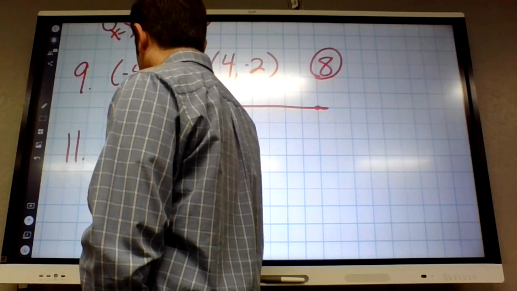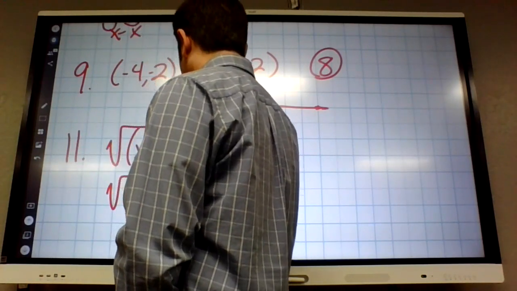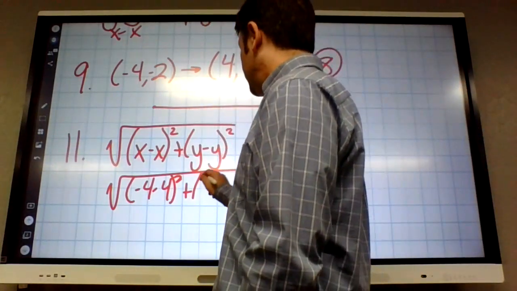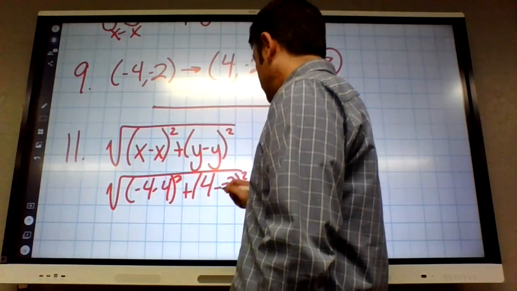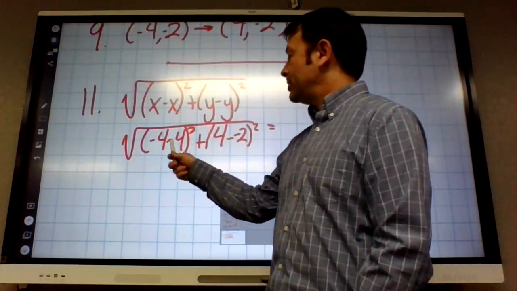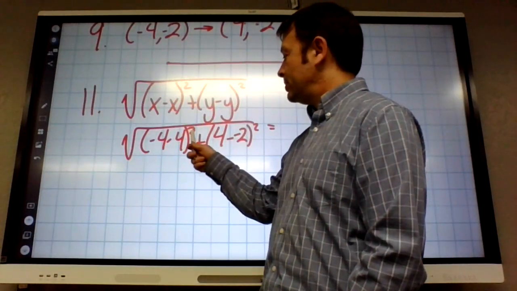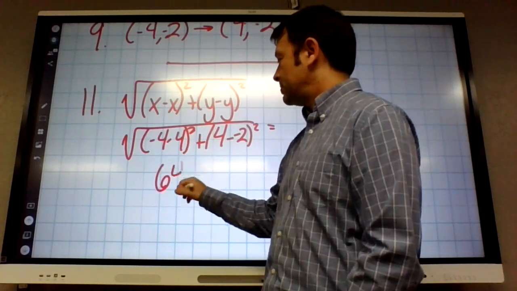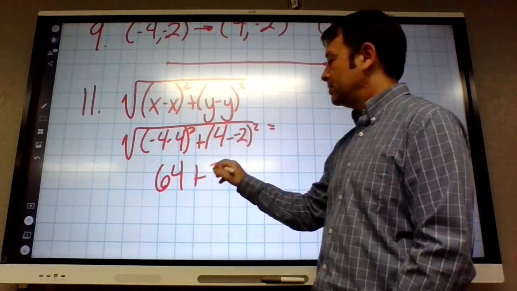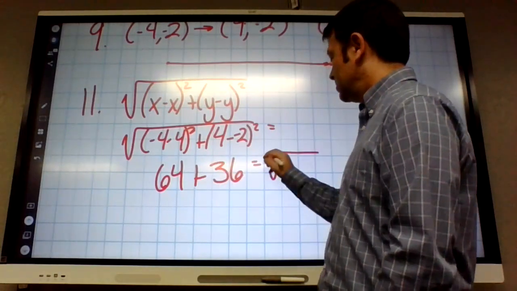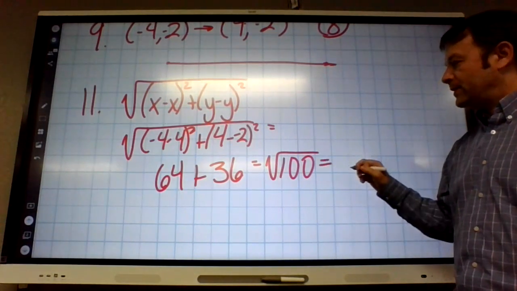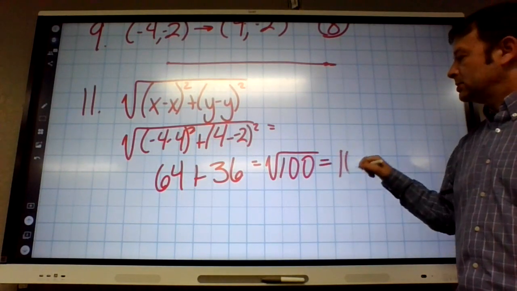So negative 4 minus 4 squared plus, what are my y values? 4 and negative 2. Negative 4 minus 4 is negative 8 squared, 64. 4 minus negative 2 is 6 squared, 36. Which makes everybody's favorite square root. Square root of 100 is 10.